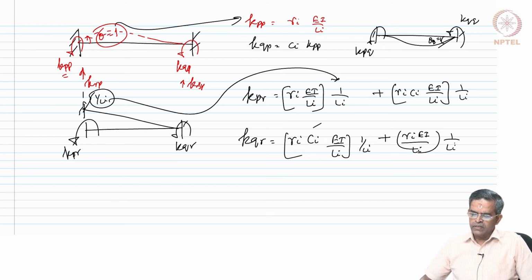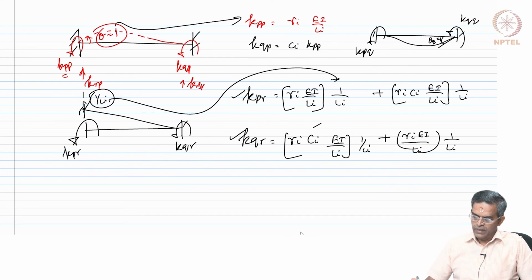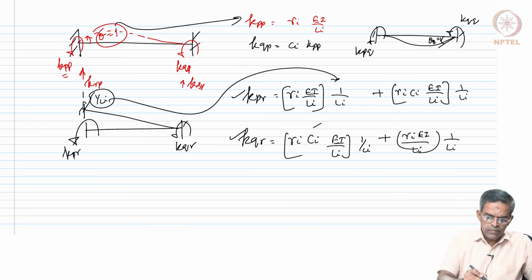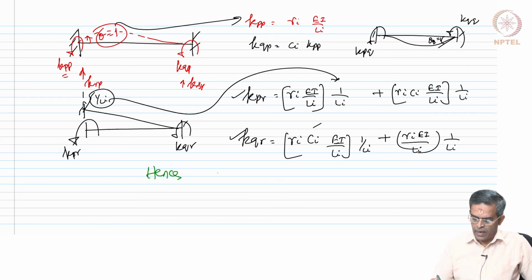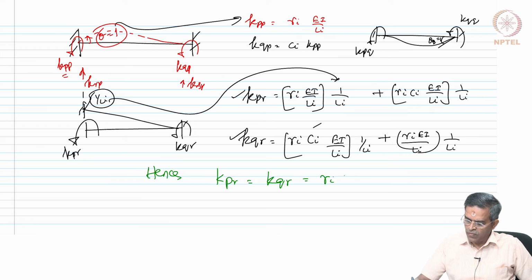Okay. So, what we did is KPR and KQR we obtained. So, we have realized that KPR and KQR are equal. So, we realize that hence KPR is KQR is equal to Ri times of 1 plus Ci times of Ei by Li square.